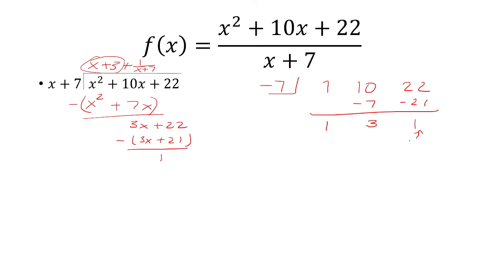So this is the remainder. This is a constant. And this is the coefficient for x. So that is x plus 3 plus 1 over x plus 7. So both ways you see that the oblique asymptote is x plus 3.